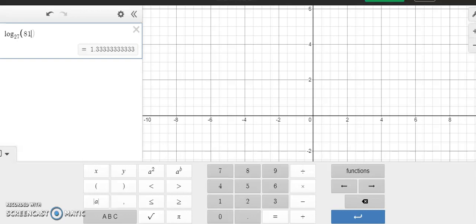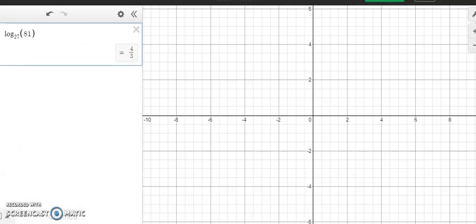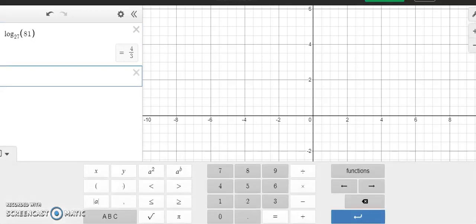If I click the little fraction button on the side, right next to where it says log, it'll convert that into a fraction. So it gives me 4/3. And again, just to make sure I'm doing everything right, if I do 27 raised to the 4/3 power, it matches the 81, so we know we've typed in everything correctly.